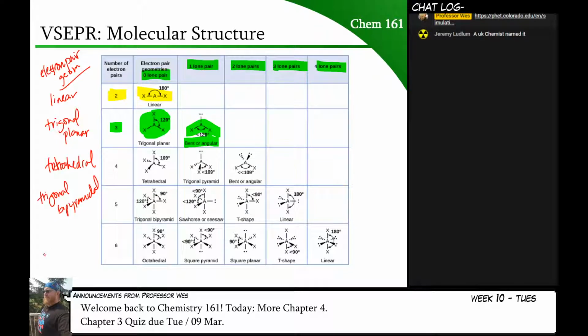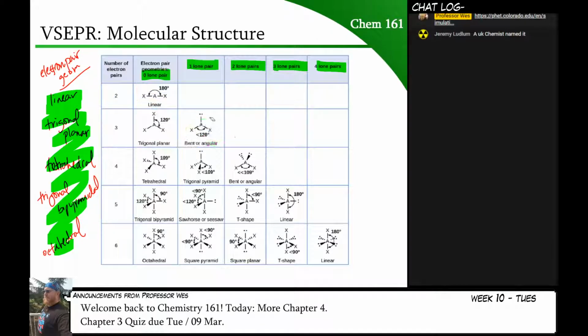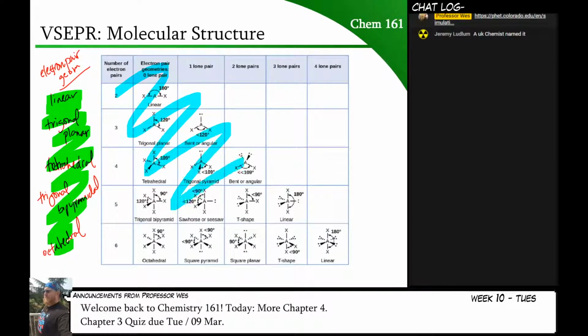Trigonal bipyramidal, and then octahedral. So you're going to assign one name from this column, and then one name from this table. So you're going to have one from the green list and one from the blue list.